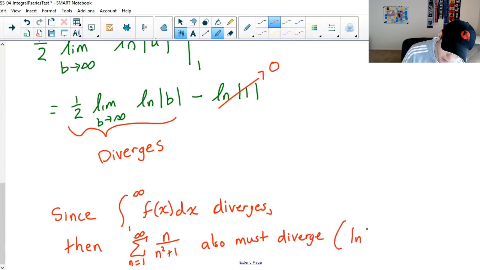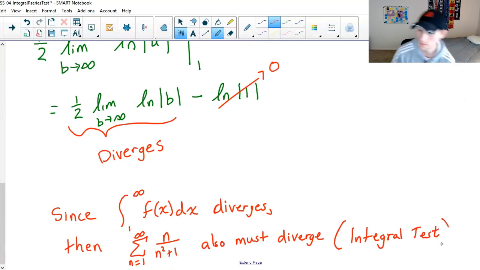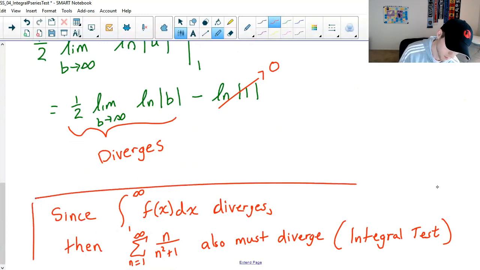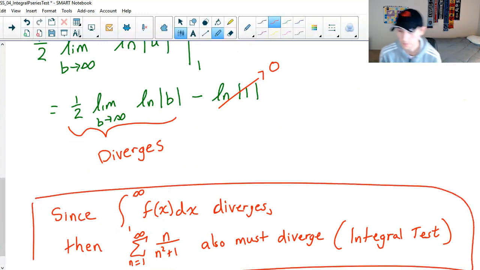How do we know that? We know that because of the integral test. Since the integral from 1 to infinity diverges, then we know the series must also diverge because they both have to do the same thing. If we show that all three of those things at the beginning are true, then this integral and series will either both diverge or both converge.